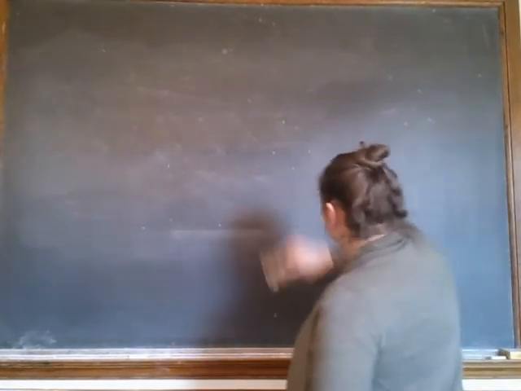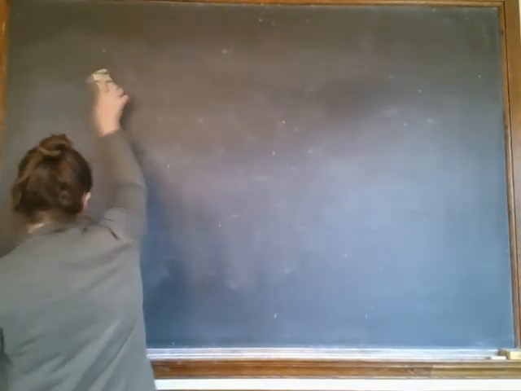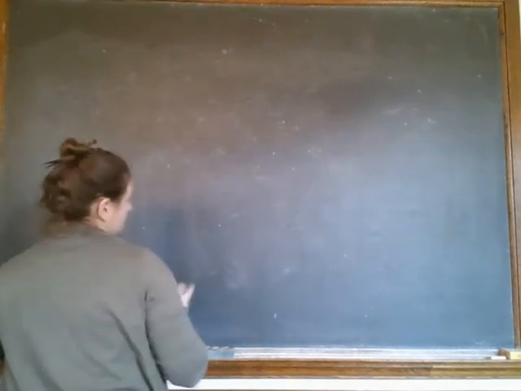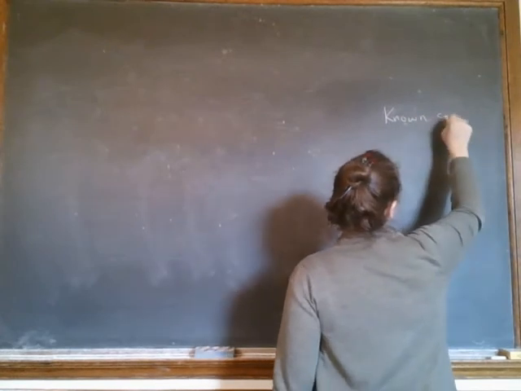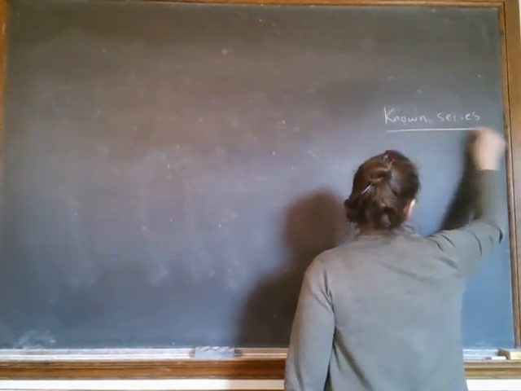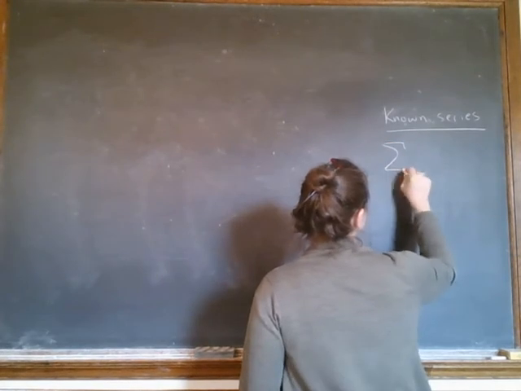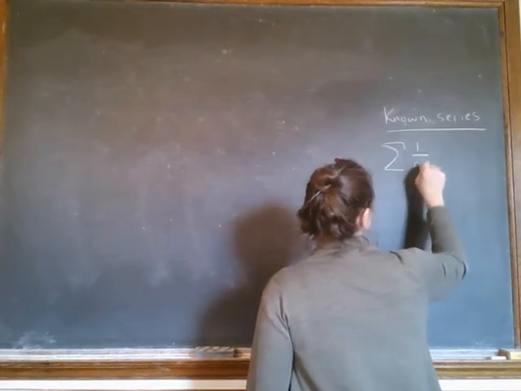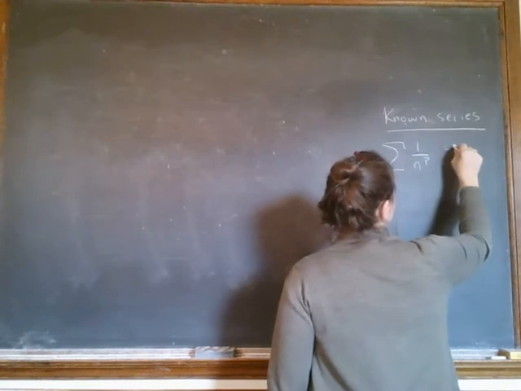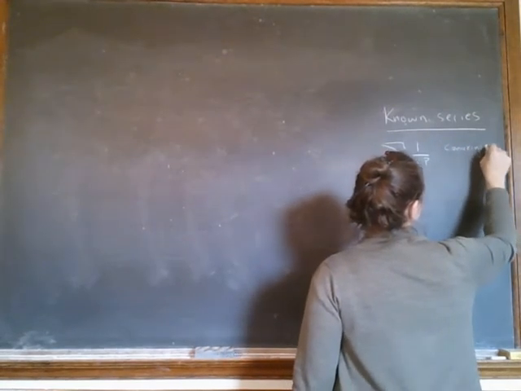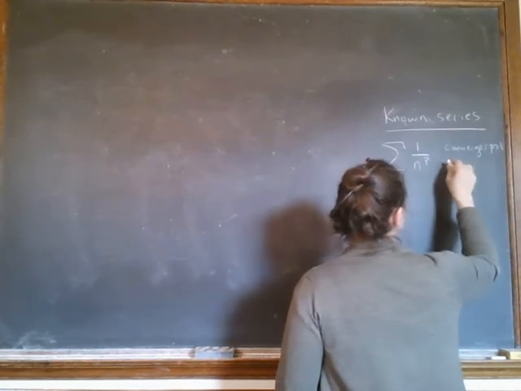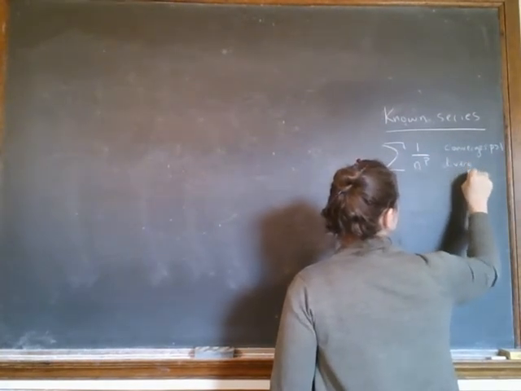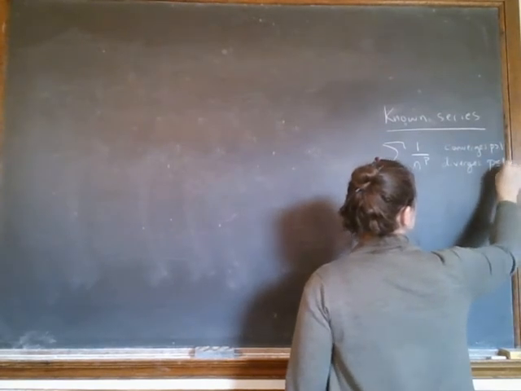So keeping in mind what we're trying to compare to, first of all, we have to figure out what to compare to. Okay, so I'm just going to write that over here before we do our test. So our P series, 1 over n to the P, converges for P greater than 1, diverges for P less than or equal to 1.